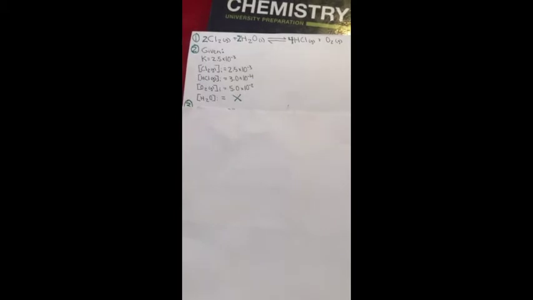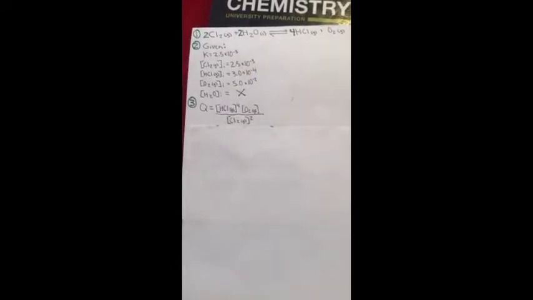So first we write our givens, and as you can see, the H2O has no concentration, because our reaction quotient as well as our equilibrium constant equation don't include pure solids and liquids.